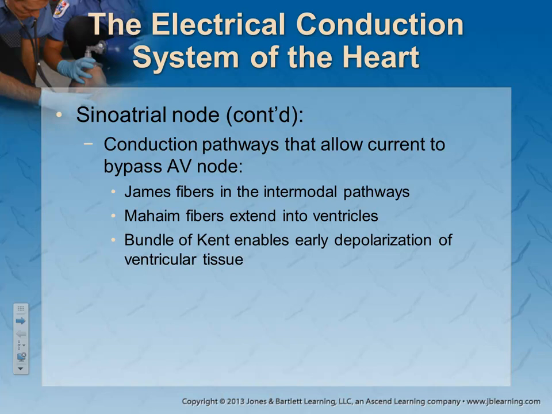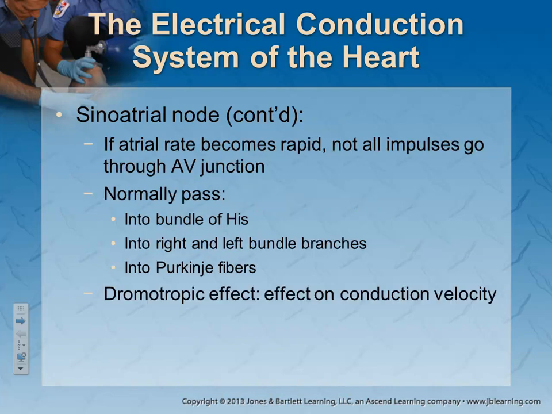We don't really want the bundle of Kent nerve cells to be doing anything because we don't want early depolarization of the ventricles. Alright? Depolarization, contraction. Repolarization, relaxation. So we don't want early contraction of the ventricles because that's where your PVCs and even your lethal ventricular rhythms could eventually come from.